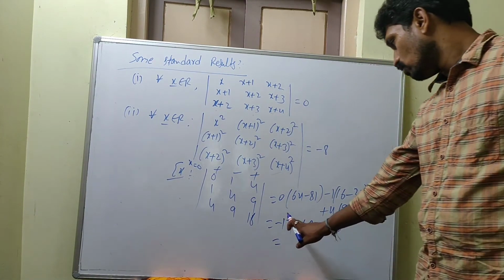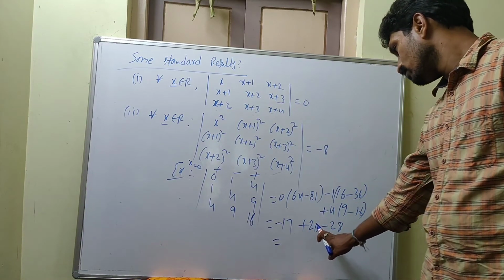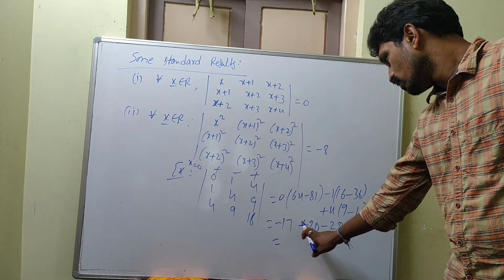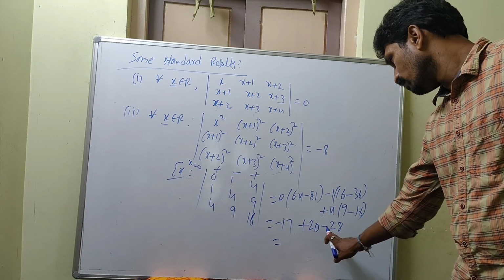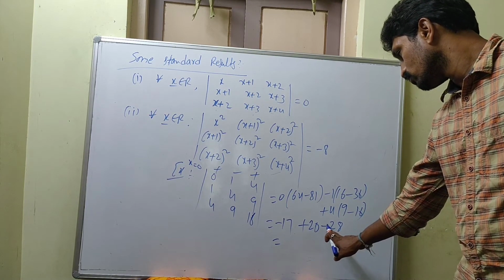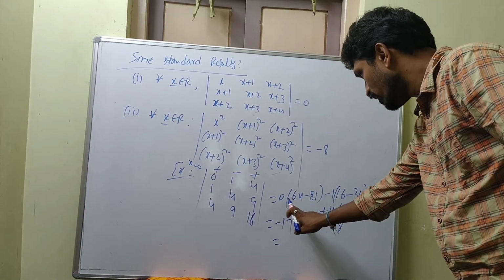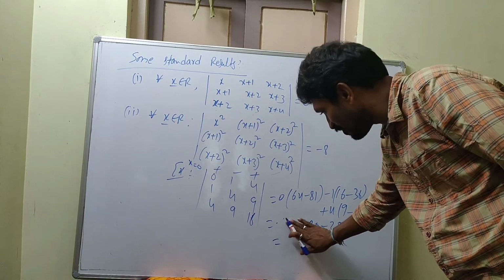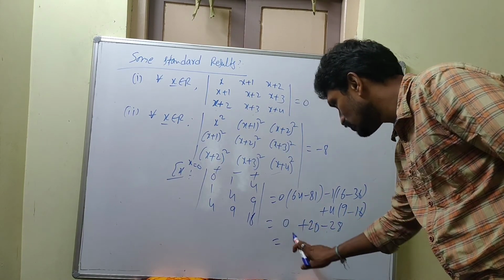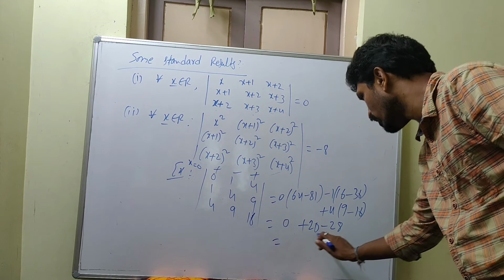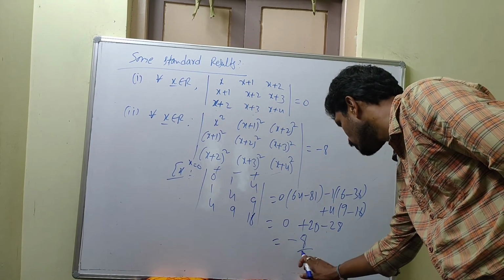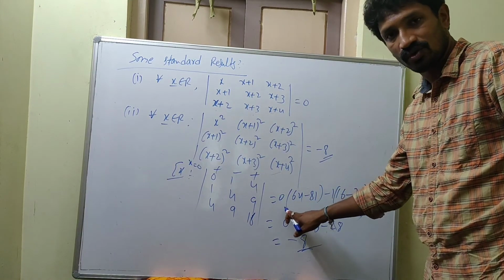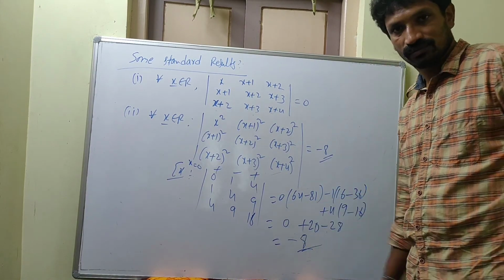But 0 into minus 17, so this value becomes 0, no need to compute it. So 0 plus 20 minus 28, that is nothing but minus 8. So this is our required answer. Okay, the calculation here: 0 into anything is 0.